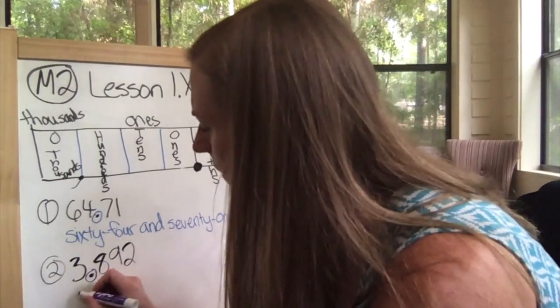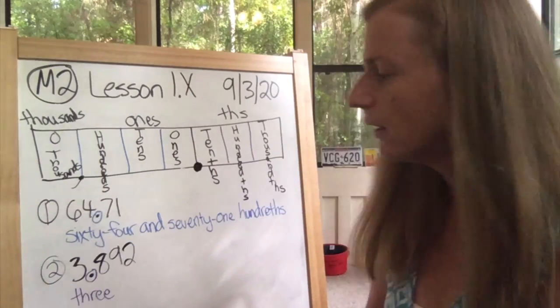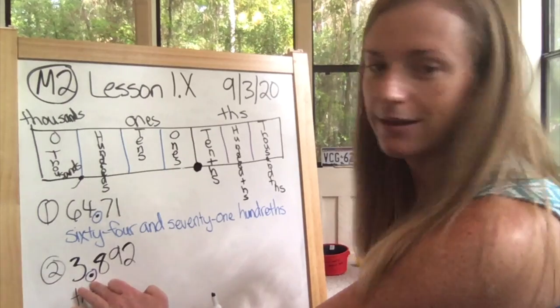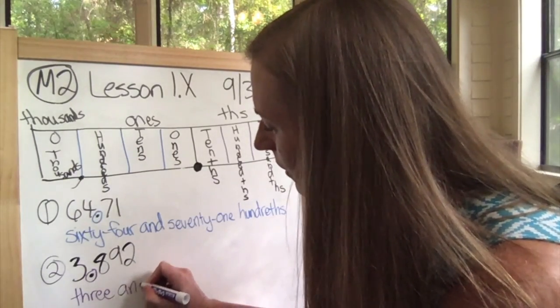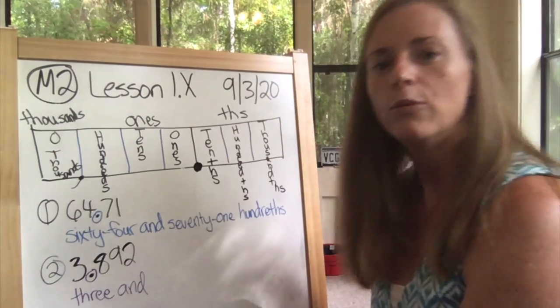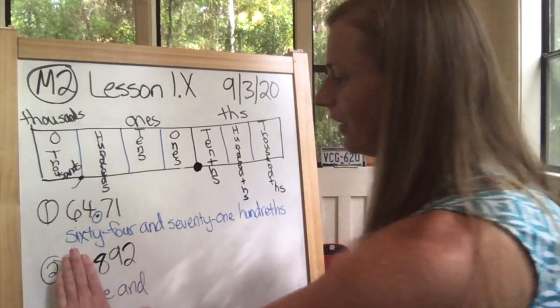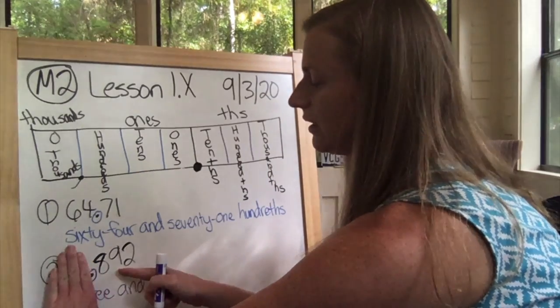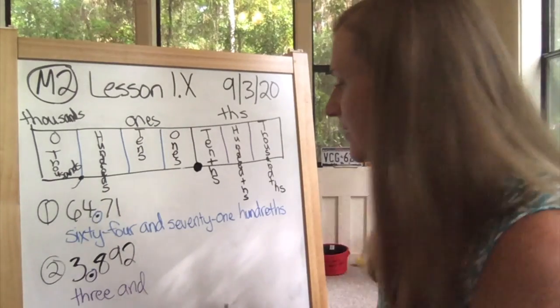So we're just going to write the word 3. And that's right. We circled that decimal to remind us to write the word and. We cover up everything in front of that and all we see is 892. So we're going to write 892.